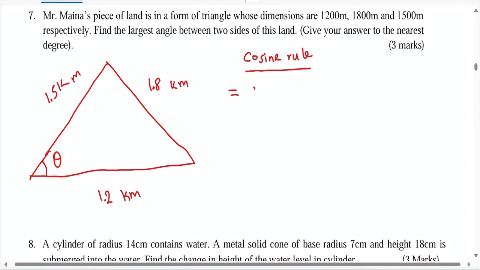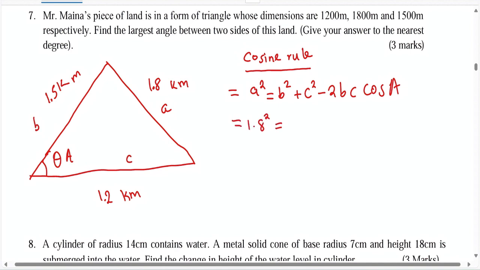So cosine rule is given by this formula: a squared equal to b squared plus c squared minus 2bc cos A. So let's assume this one to be our a, therefore hii ndo capital A. So hii ndo b na hii ndo c. So a squared yetu ni 1.8 squared equal to b squared.